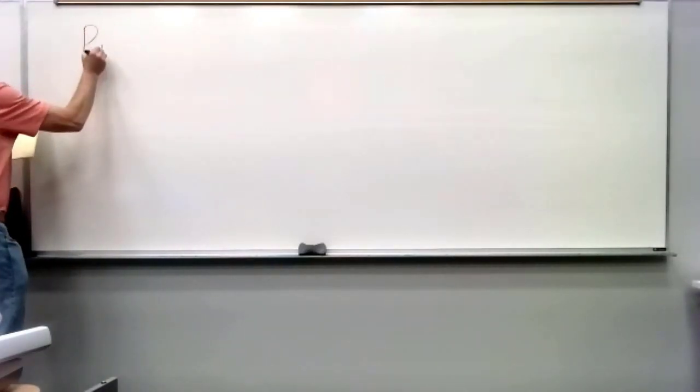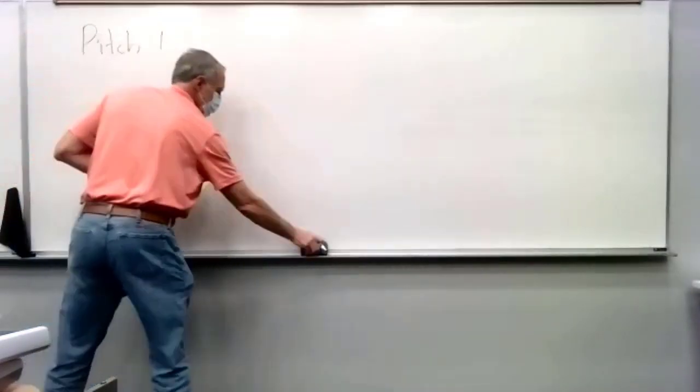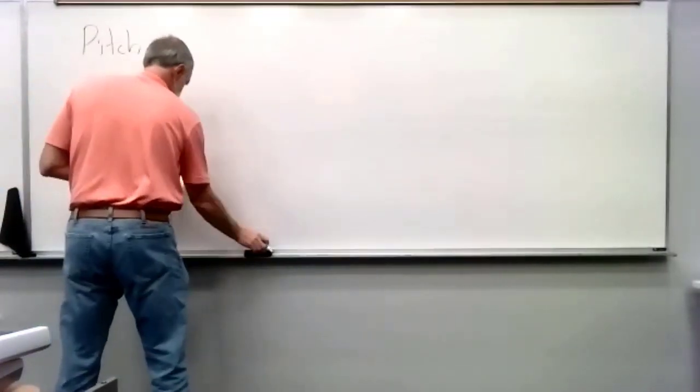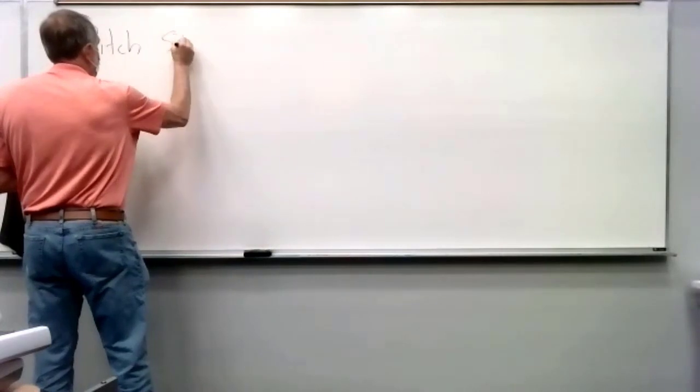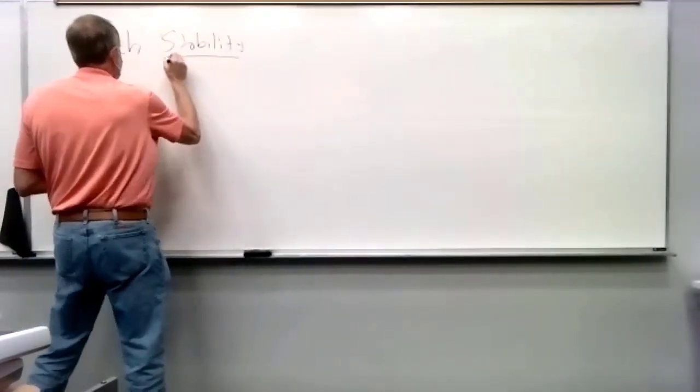So there's a whole bunch of different kinds of stability criteria that we'll look at in 514 when you take that class. But the major feature is something called pitch stability.